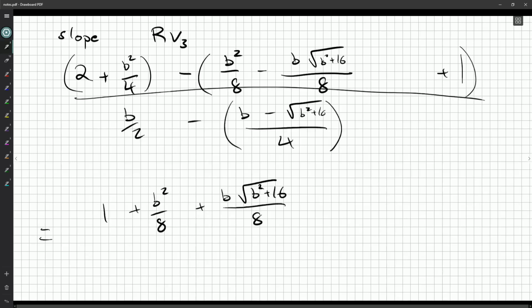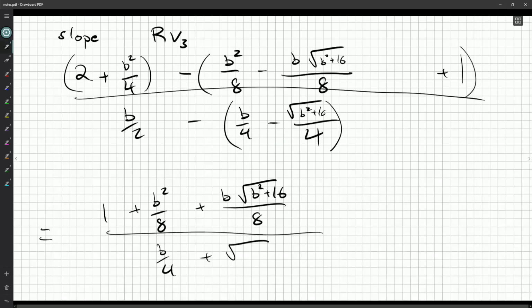No squareds there. So we'll split this up to b over 4 minus this over 4. So b over 2 minus b over 4 will be b over 4. Minus minus, it'll be plus the square root of b squared plus 16 over 4. Okay.